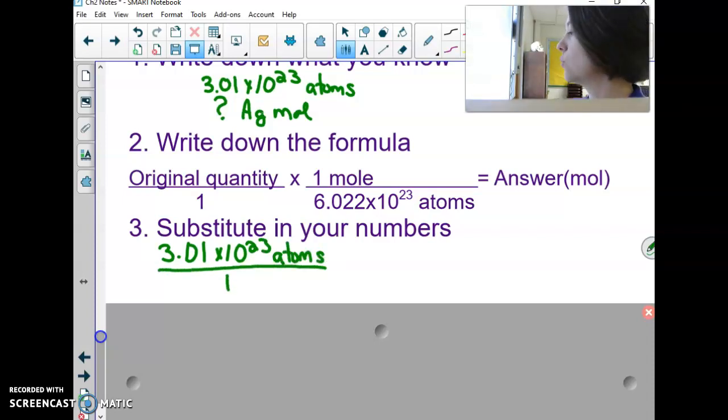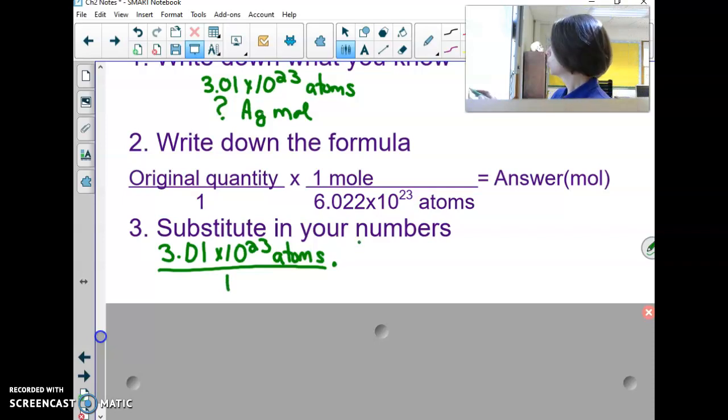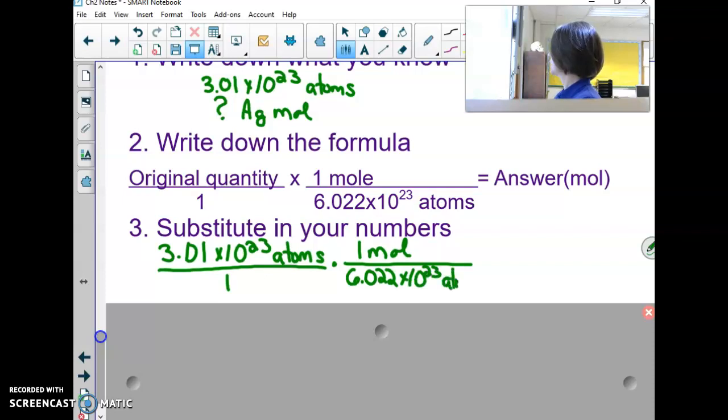My original quantity over 1 times 1 mole over 6.022 times 10 to the 23rd atoms, and that's going to give me my answer. First thing I'm going to do is cancel out my units. Atoms cancels with atoms, and I'm left with moles, which is indeed what I'm looking for.